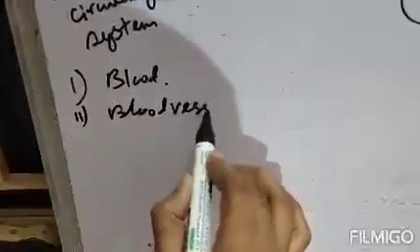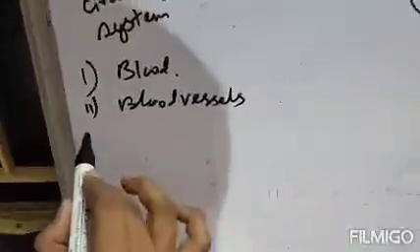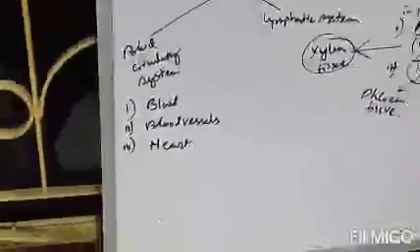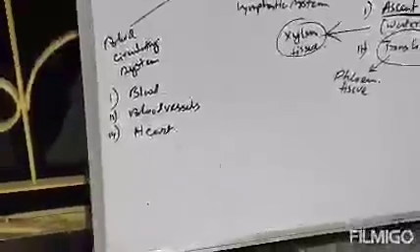Number 1 is blood, number 2 is blood vessels, and number 3, the most important, is the heart.